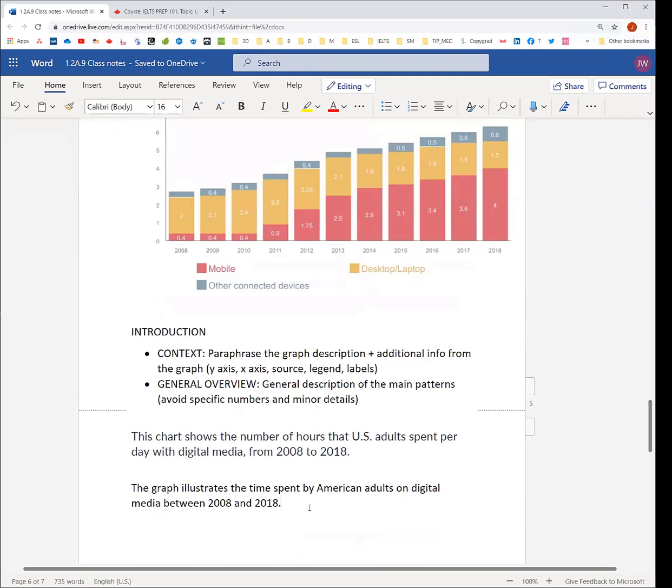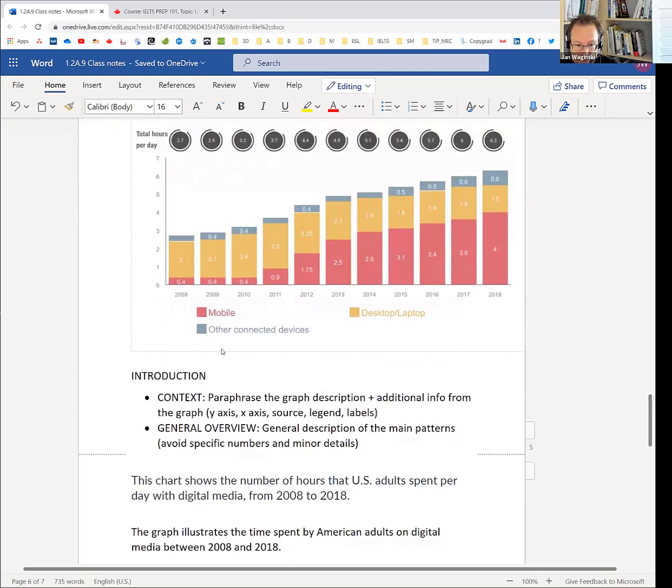And what else does it show, right? I would definitely mention what's in the legend here. The type of devices used, as well as the devices used to access.